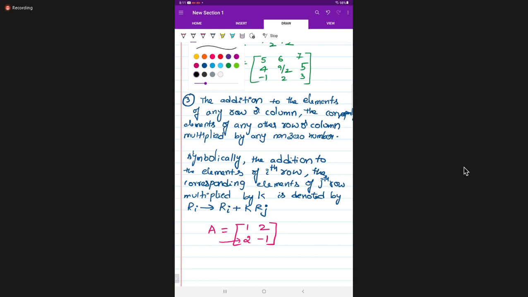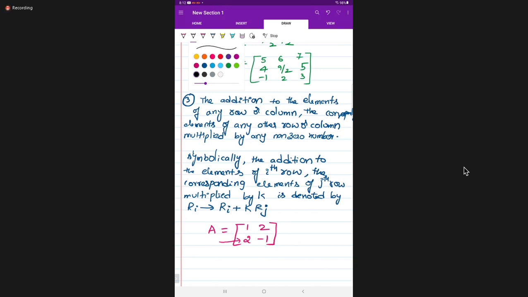That 2, make it as 0 with the help of the first row. The upper element of 2 is 1.